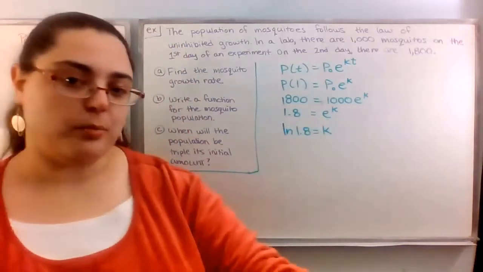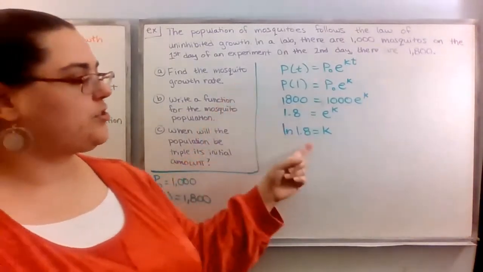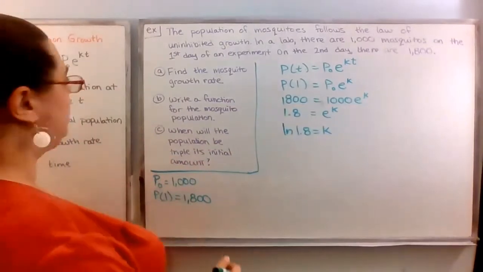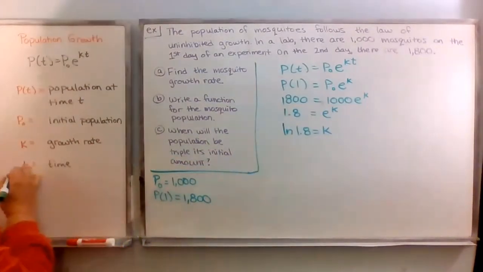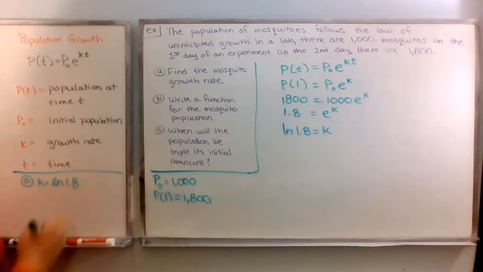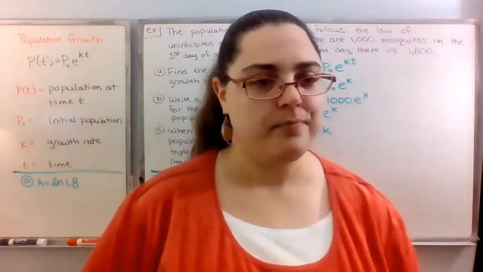Now, if they wanted us to approximate this, we could, but they didn't tell us to approximate it, so we're going to keep the exact value. For part A, we found that k is the natural log of 1.8. And that's our exact value. We can just leave it like that.